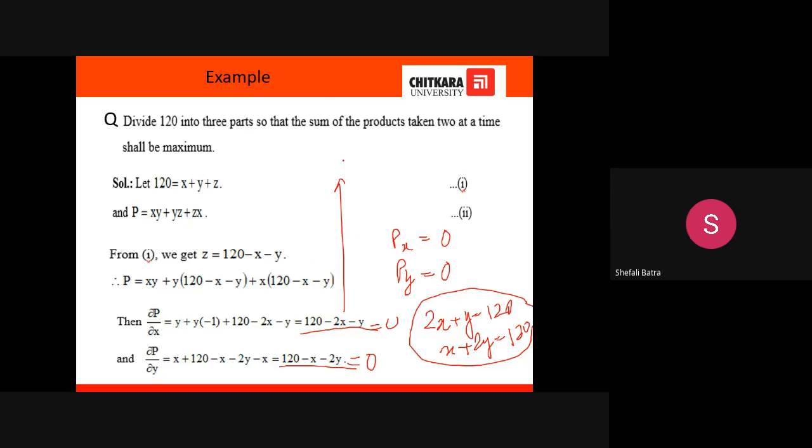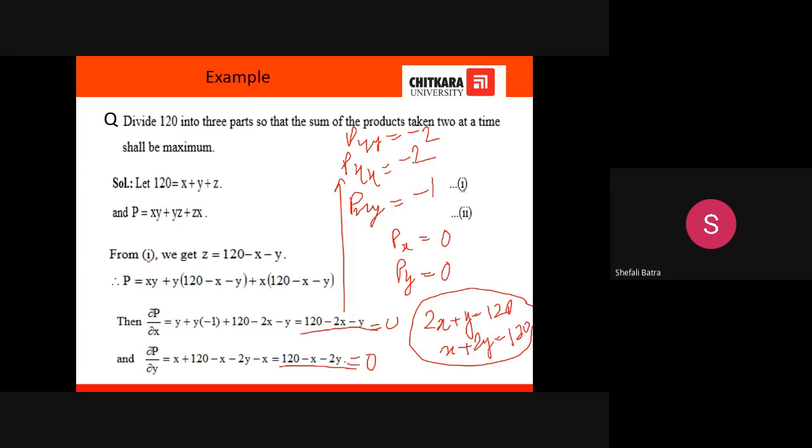From here, pxx would be minus 2. Then pxy would be minus 1. And then pyy would be minus 2.